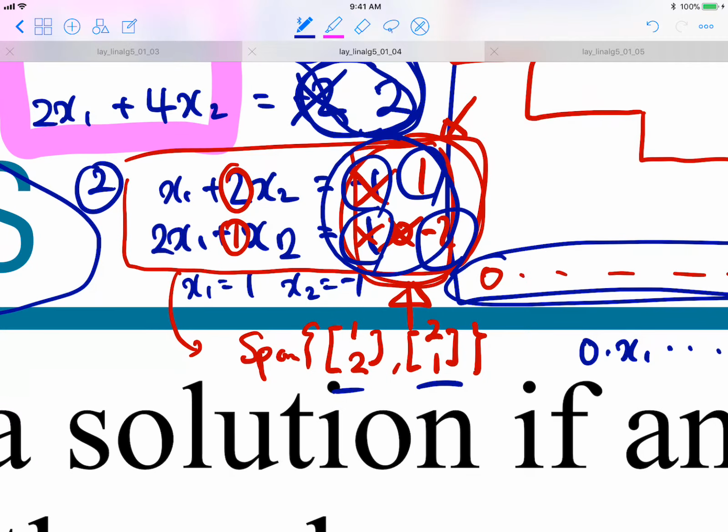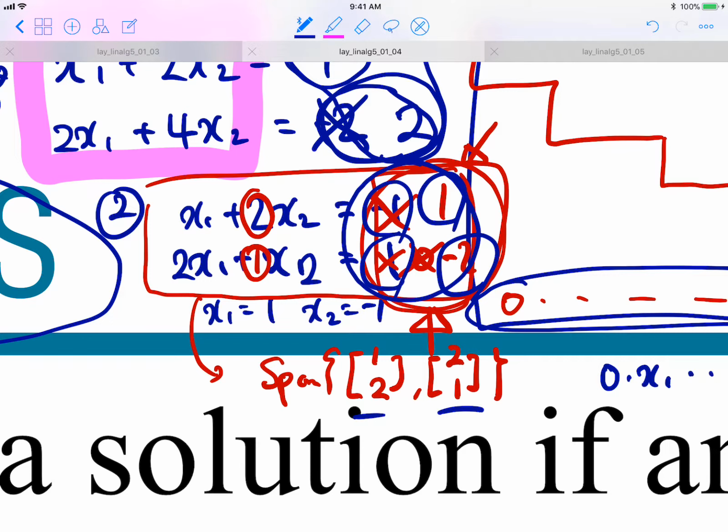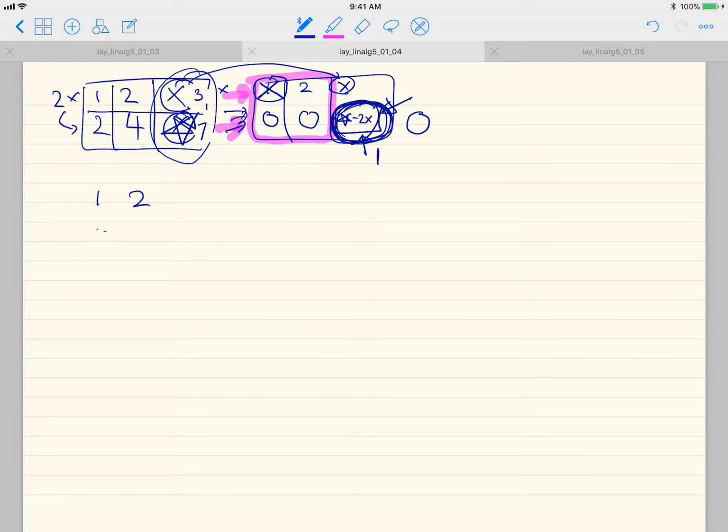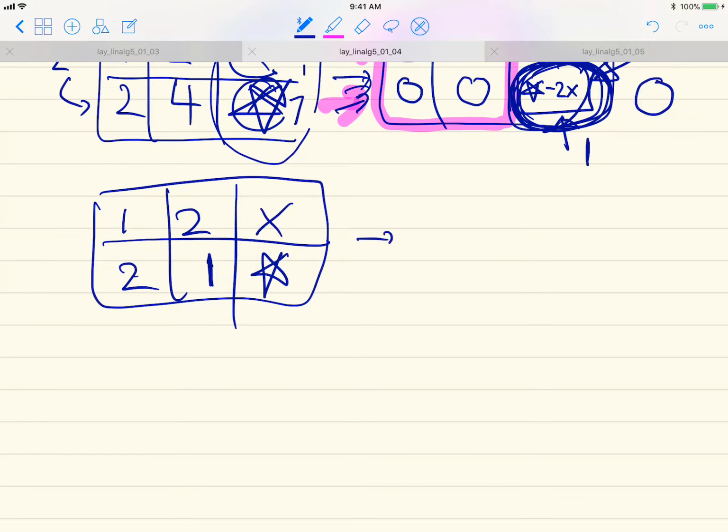And then, even though it was simple, let's consider the second case, where we can guarantee that we always have a solution. In this case, 1, 2, 2, 1, and maybe this augmented matrix.